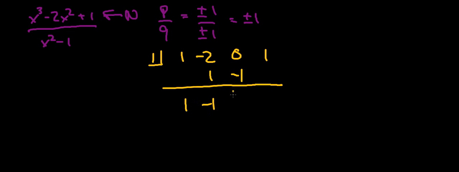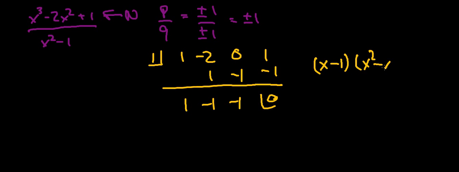Then we get 1, minus 1, minus 1, 1 times minus 1 is minus 1, and 0. So this divides evenly, so positive 1 is a zero. If I pull this out, I'm going to be left with x squared minus x minus 1.